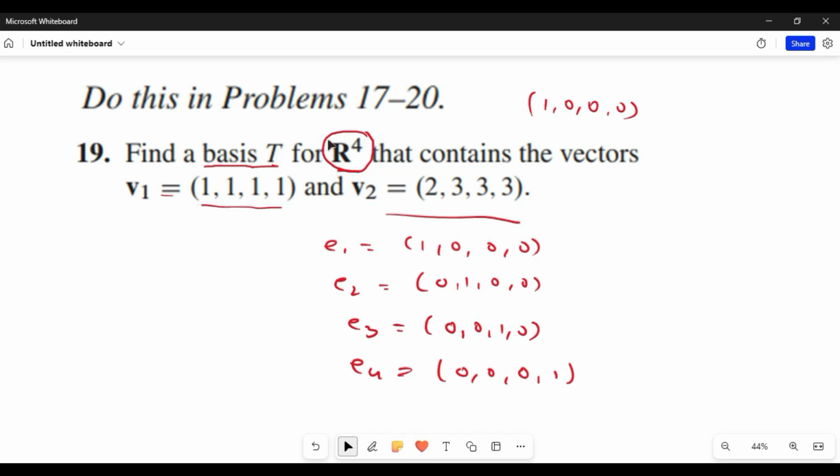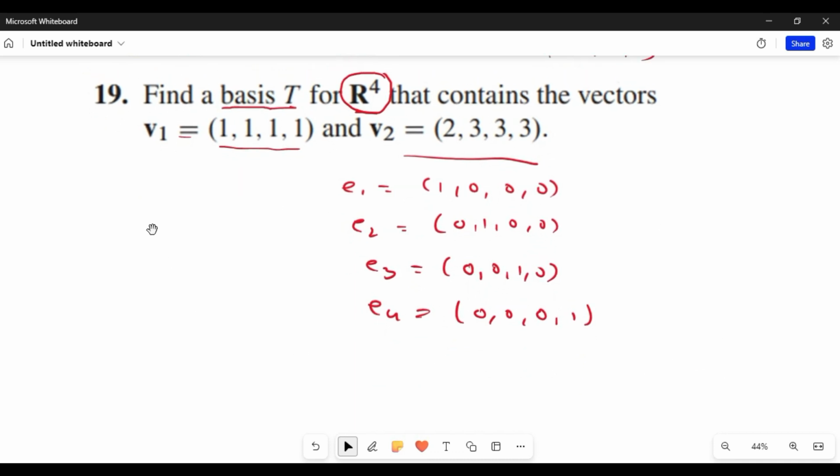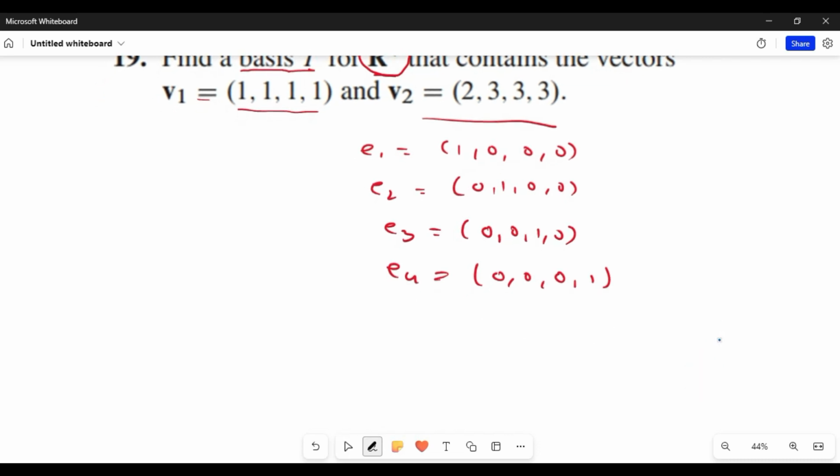So every set of 4 vectors which are linearly independent will be a basis for R power 4, as per the theorem, right? So we are going to use v1, v2 and all these E's to form a matrix, and then again we do row echelon form. So let's write the matrix A here. First vector v1 is 1 1 1 1.